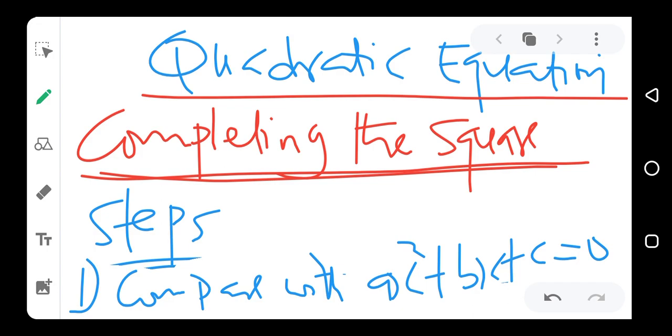The essence of doing this is to make sure that the equation given to you is a quadratic equation. In the first place, you have to make sure that the equation given to you is a quadratic equation before you start solving, because if you are using this method to solve another equation that is not a quadratic equation, you may not get the answer.